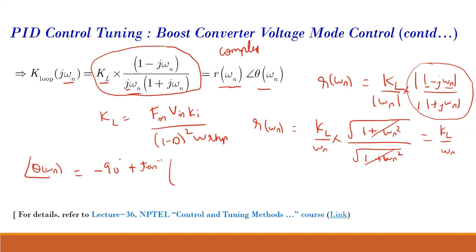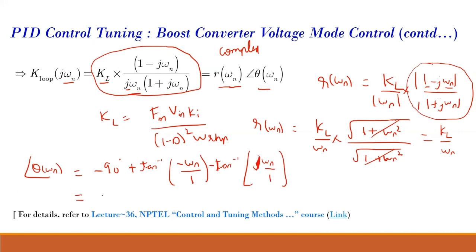This RHP zero will create an angle which is given by minus tan inverse of the imaginary part, minus omega n, divided by real part, 1. And then because this pole is in the denominator, it will be given by minus tan inverse of the imaginary part, omega n divided by 1.